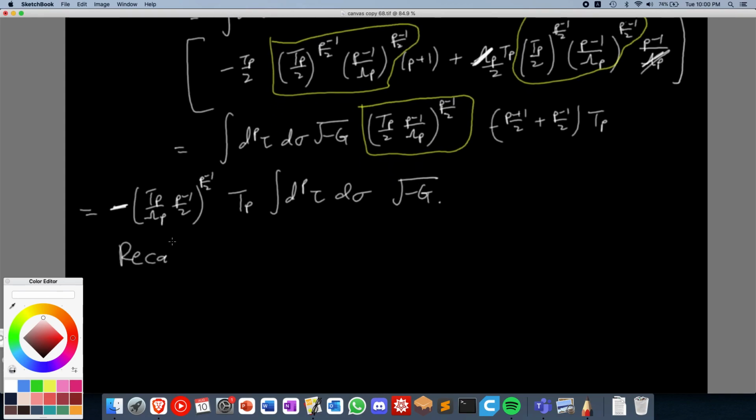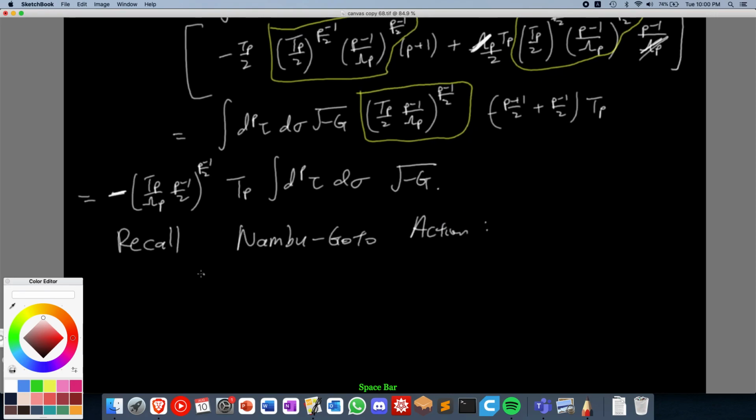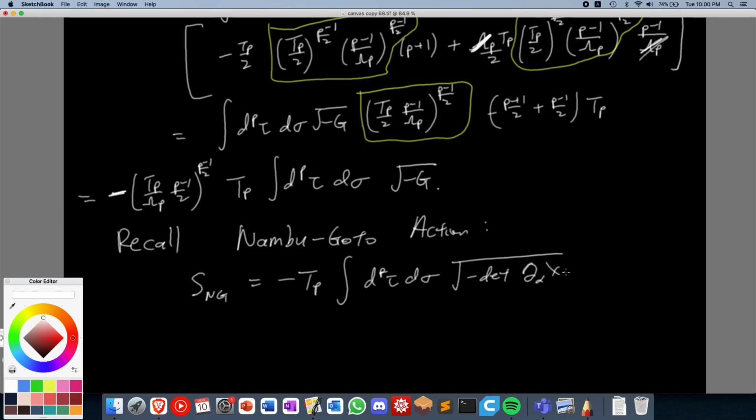We recall the Nambu-Goto action, which says that Nambu-Goto equals minus tp integral d^p tau minus square root determinant, and this thing is essentially square root minus g.